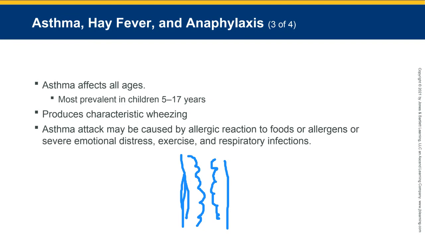Now, if it is too constricted or too much swelling is there, you will not hear any wheezing. You're not going to hear any movement of air in that area. So again, not every patient that wheezes has asthma, and not every asthmatic patient will wheeze.